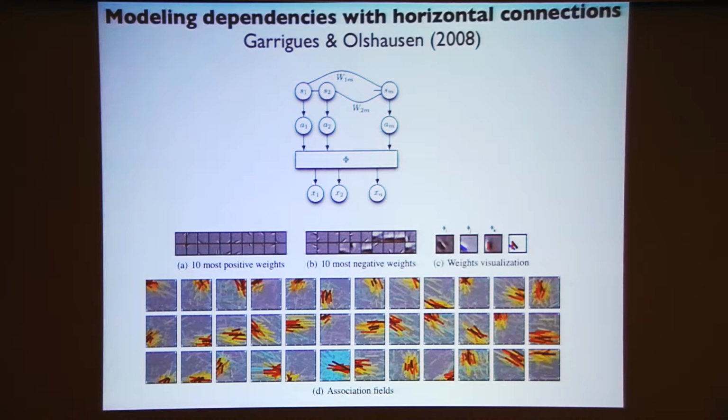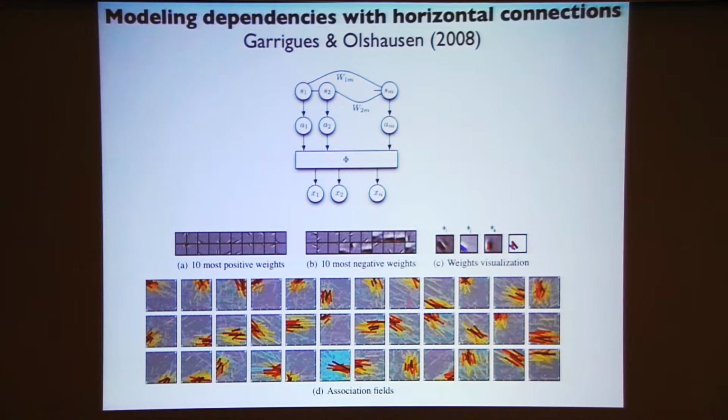So what we're showing here is, for each unit, the black line indicates the reference unit at a certain position and orientation, and then these other bars indicate the other units that are connected to it. The color indicates the strength of connection, and the position and orientation indicate the position and orientation of that unit.